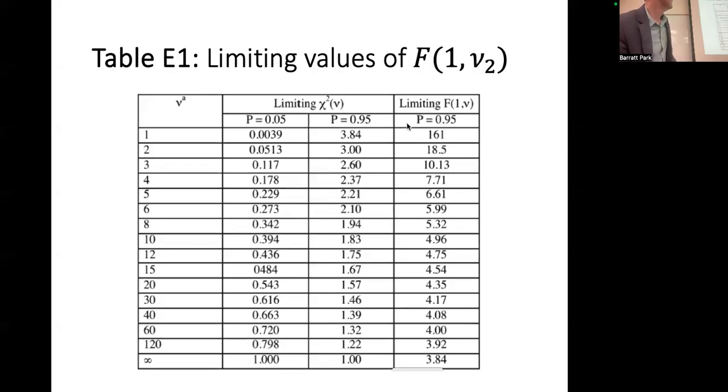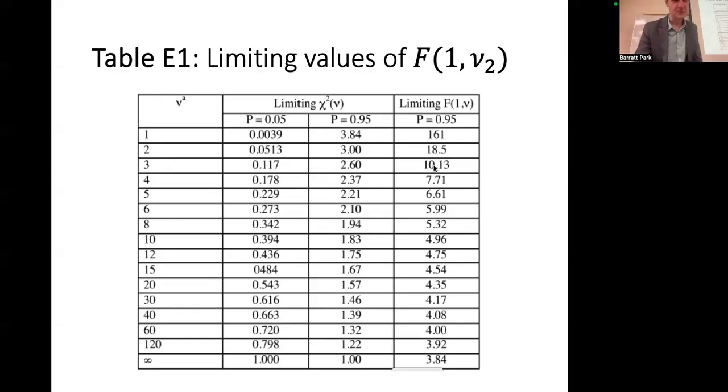Okay, so the column that you need is this last column. This tells you the limiting value of F at the 95% confidence level. And so, let's say if your second fit model had 3 degrees of freedom, then you would want to use F 1, 3. So you would use this value here.